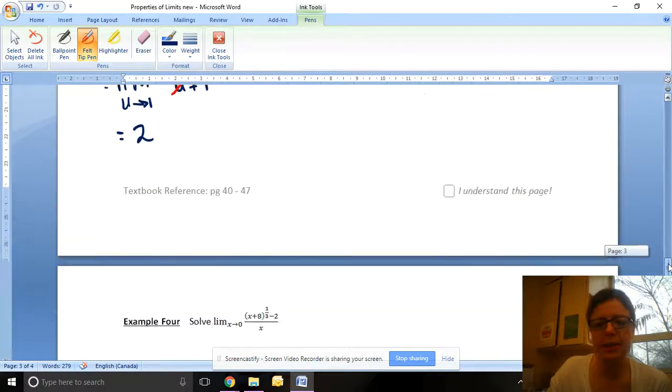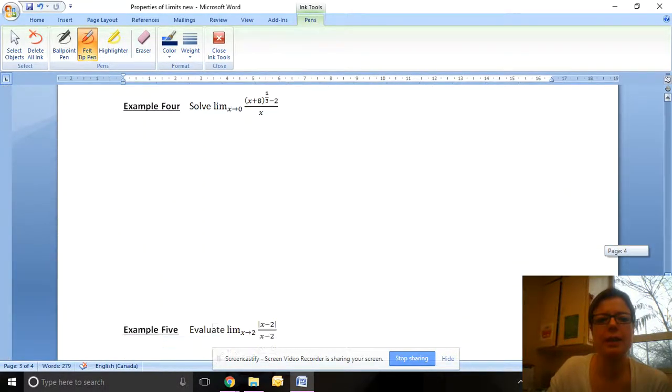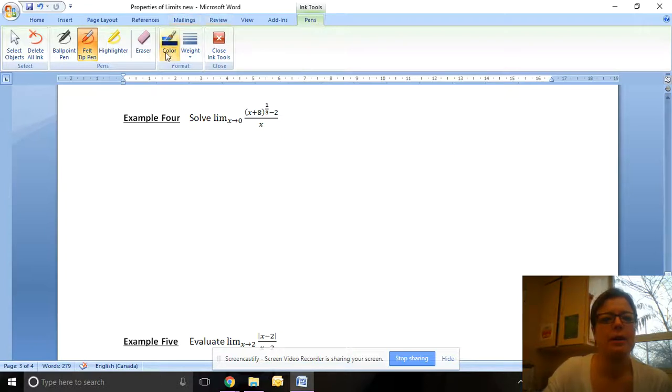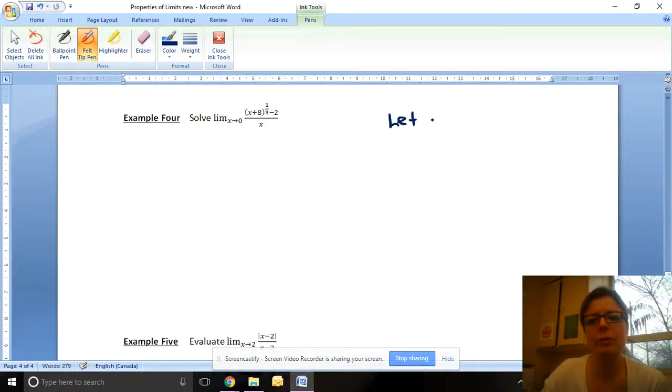So let's do it again with a more difficult example here. What is it that's really gross in this question? Well, obviously this x plus 8 to the 1/3. So I'm going to let that whole thing, x plus 8 to the 1/3, be equal to u. I'm going to replace that with u.